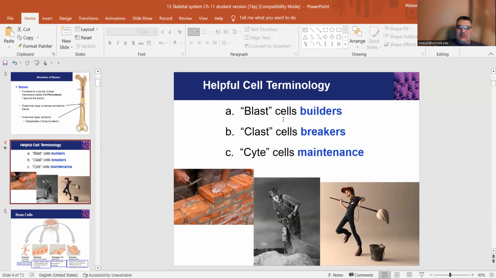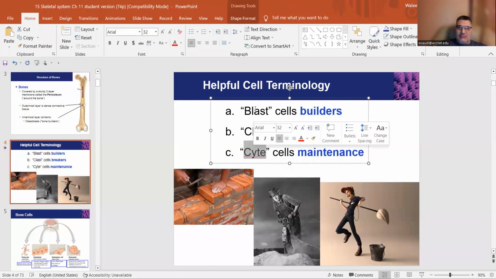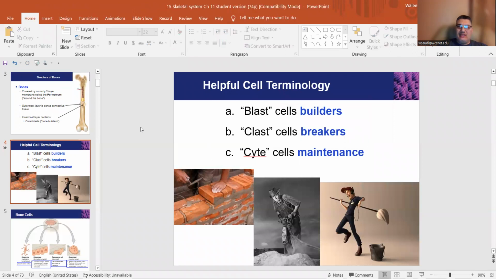Cells. We have osteoblasts, osteoclasts, and osteocytes. There is osteo before every one of those. Osteo means bone. Osteoblasts, the bone builders. Osteoclasts, the bone breakers. Osteocytes, these are the mature cells, so they maintain. Cyte and blast, both of them mean cells.